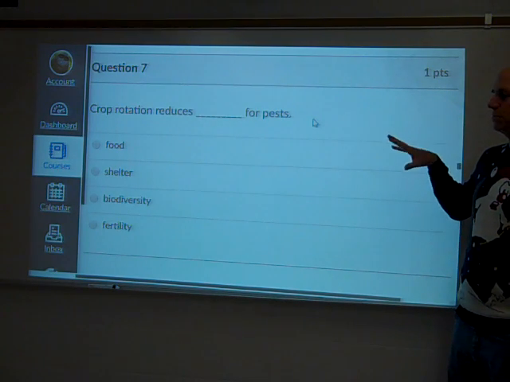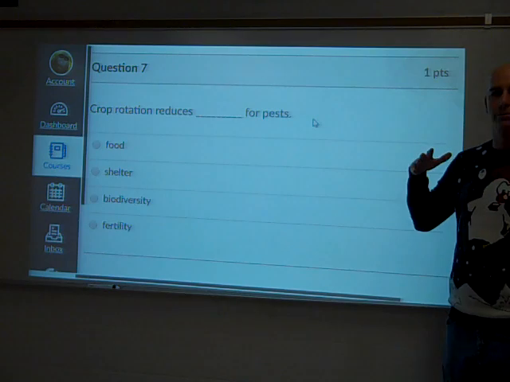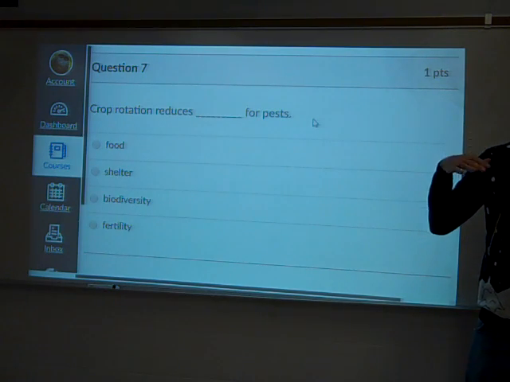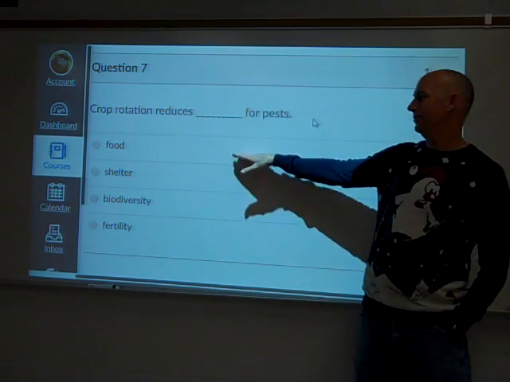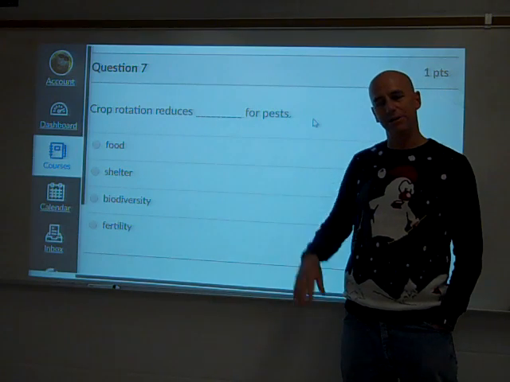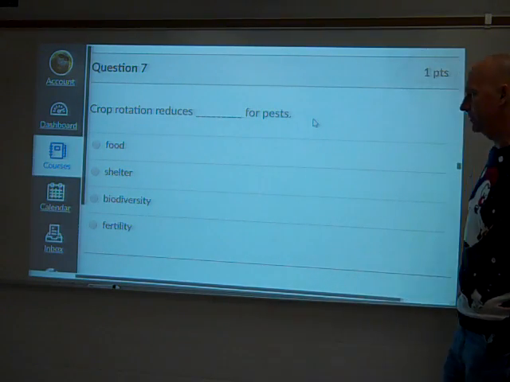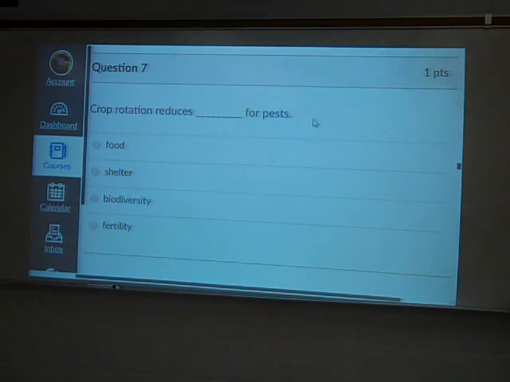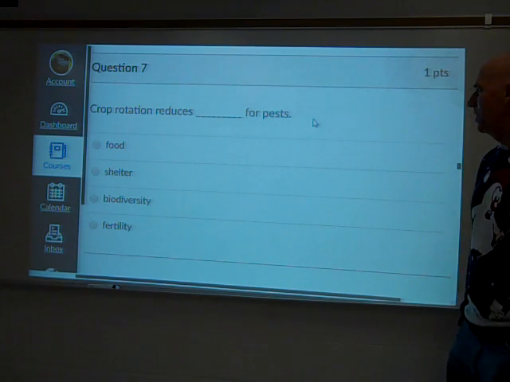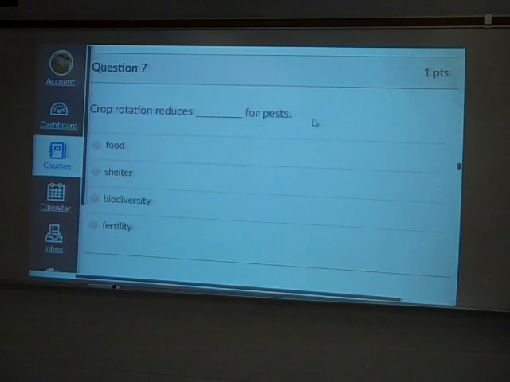Let's look at this way. What's the first priority for organisms after water? Food. Then shelter. And then they get down to the business of reproducing. That's basically the order in which the things adapt and find their way, etc. So if you've got a problem with potato beetles, what do potato beetles eat? Potatoes. Really? No, they eat potato plants. But potatoes are part of that plant.